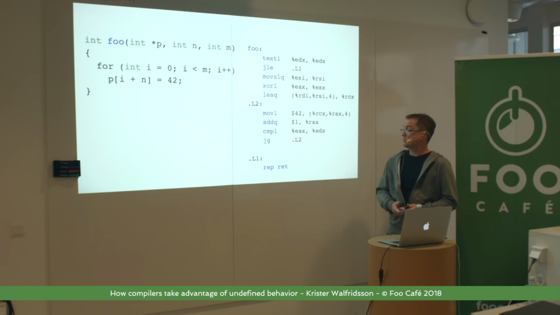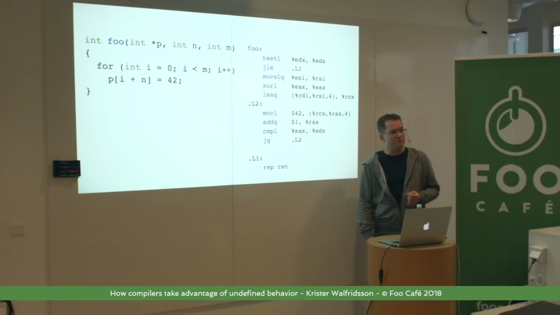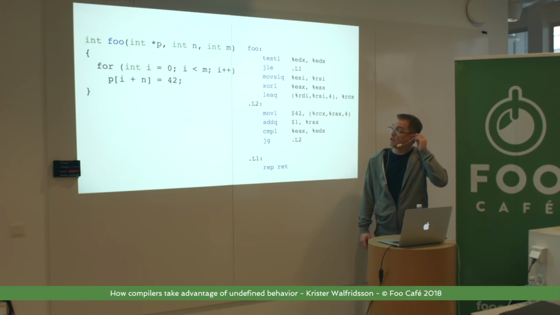So you get one instruction less in the loop, and that often matters in this kind of access because it will be on the critical path. So you will have longer dependency chains that may cause stalls. And also if you want to vectorize and so on, we need the accesses to be consecutive.